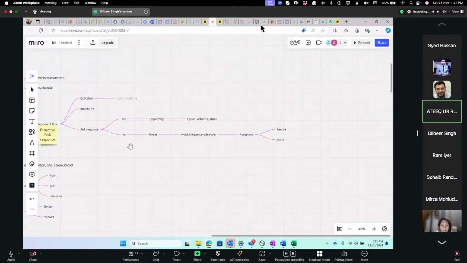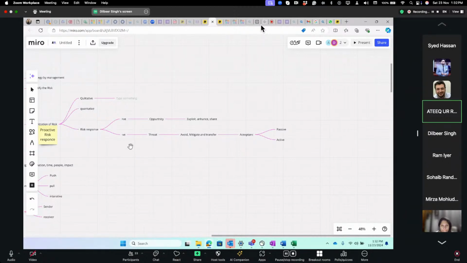While in active acceptance, we go to the risk register, risk response, and we check for events that trigger the risk, and we impose the risk response. After the risk response, we are left with some minor risk that is called residual risk, and in some cases another risk may happen that is called secondary risk.